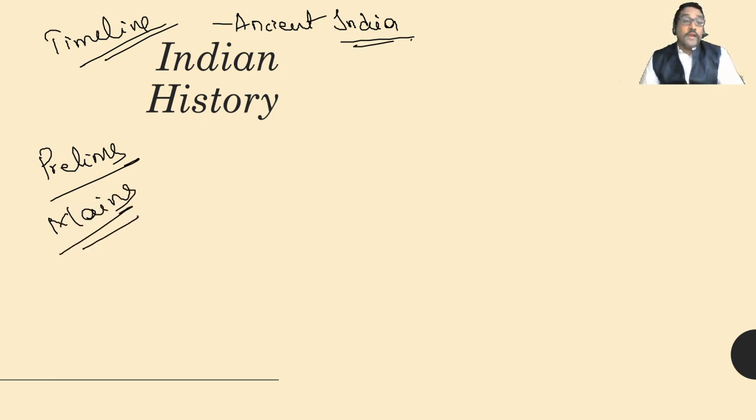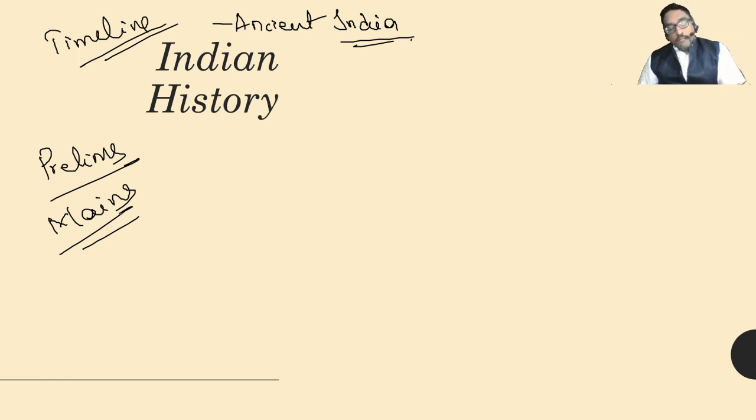I understand that ancient Indian history is not directly part of your mains syllabus, but that does not mean that questions will not be asked. The questions are asked using art and culture, and keeping a very quick overview of time periods, of what event happened at what time, will keep you very, very comfortable with the syllabus you are studying.